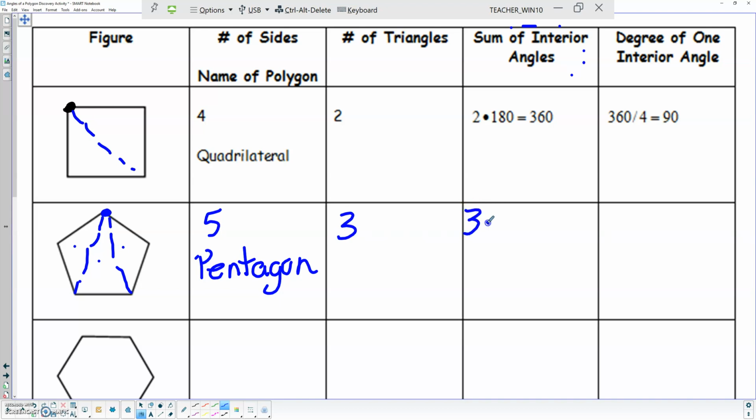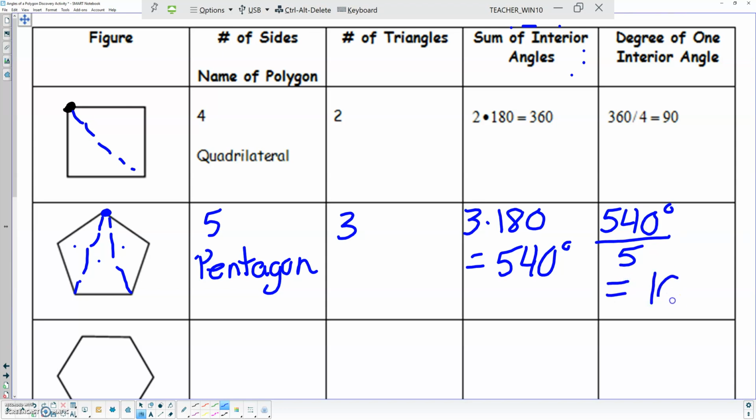If we do 3 times 180, we get 540 degrees. Now we're going to take that sum, 540, and divide it by the number of angles. A pentagon has 5 angles, so the measure of each one is going to be 108 degrees.